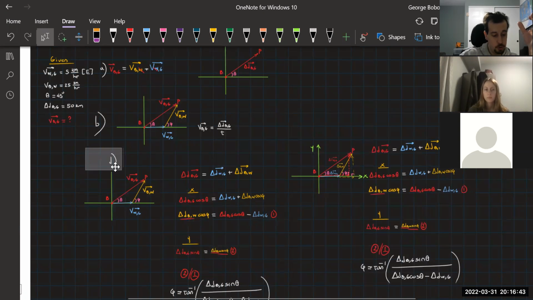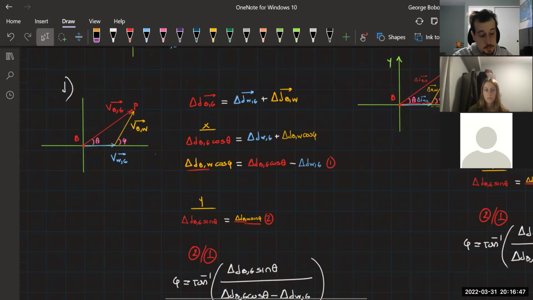Literally, all of the relationships are exactly the same. You just have to turn the D's into V's, basically. So all of these, turn them into V's, and you get exactly the same stuff. I promise you. And it's because, again, of what I was telling you with the fact that you're going in the same direction.